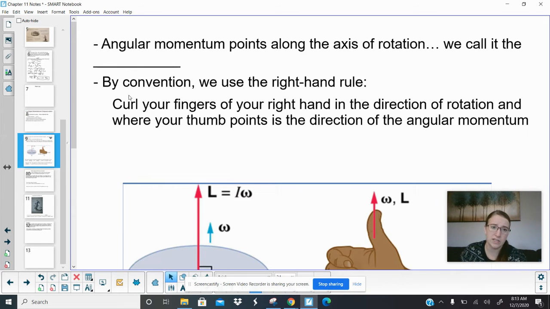So what we do is we establish a rule called the right-hand rule. It basically states that angular momentum and velocity and torque, which we're going to say later, points along the axis of rotation, and we call that the z-axis. If you have not learned that yet, we know that we have the x and y axis for two-dimensional objects.